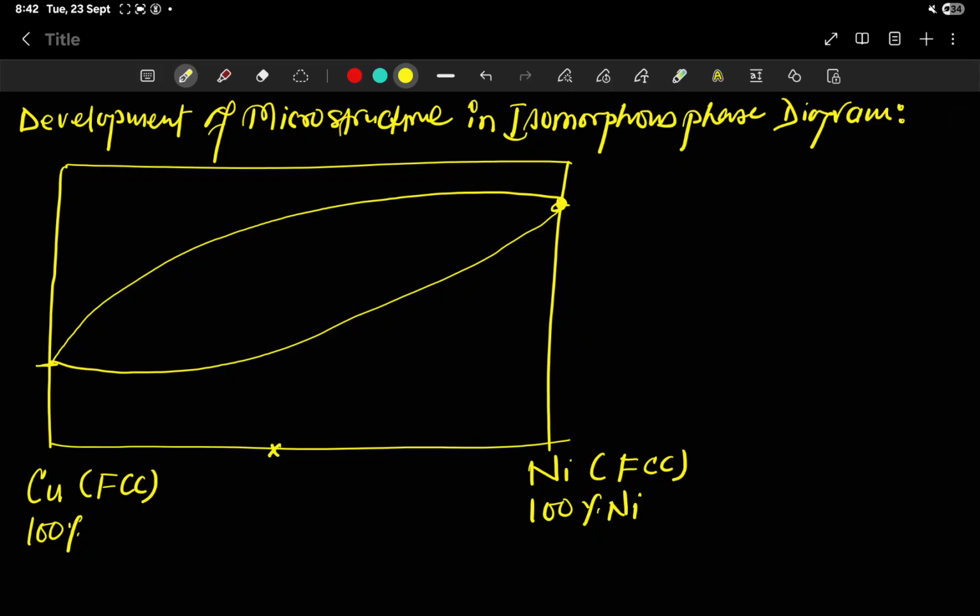Okay, so now let's see, at this particular fixed concentration we draw a vertical line.